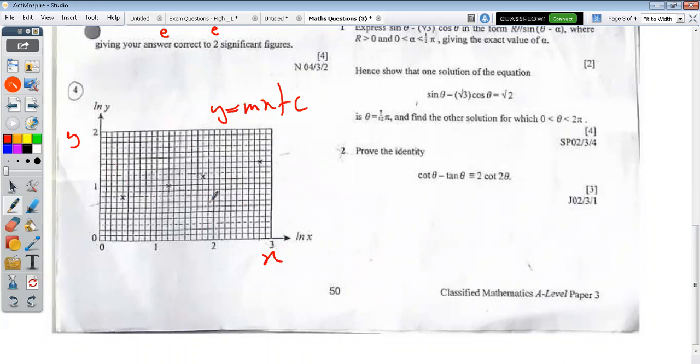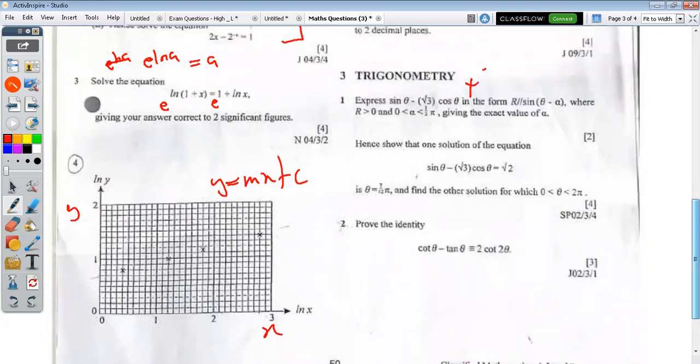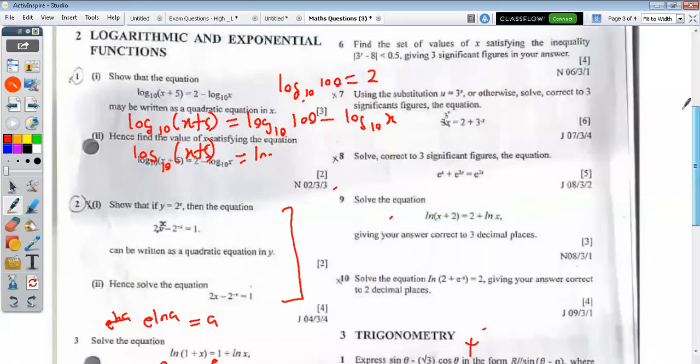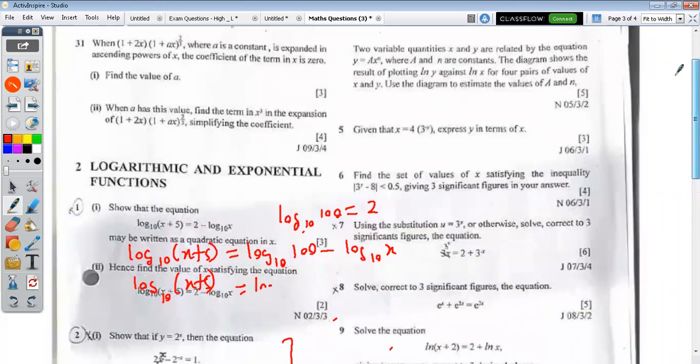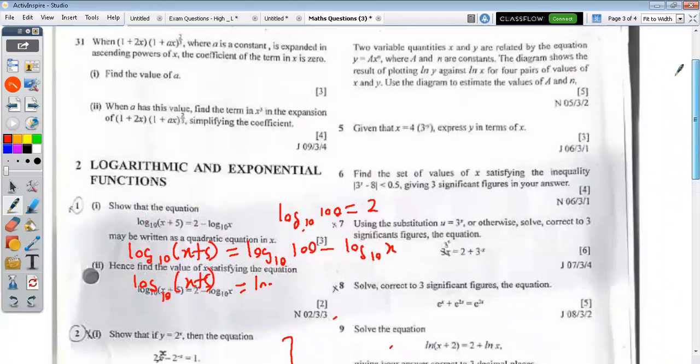But now this is very different. It's ln y, ln x. The diagram shows you that you use it to find the values of a and n.